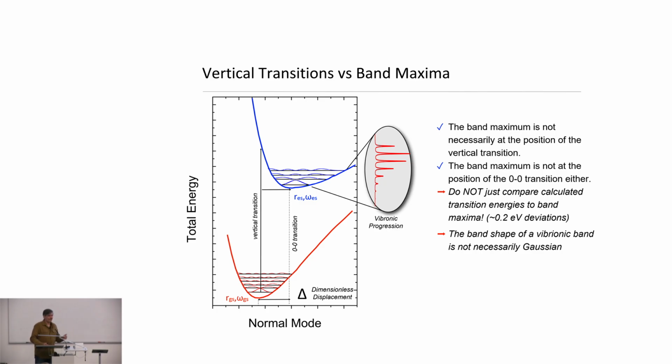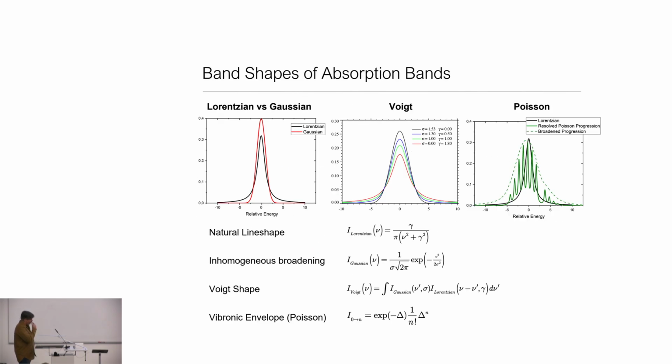That's why resonance Raman is so much fun, because it really gives you a lot of information about the electronics, not just about the vibrations. Now, the individual natural line shape. If you go through your quantum mechanics and time-dependent perturbation theory, you will find that the natural line shape of every spectroscopic transition on this planet is a Lorentzian.